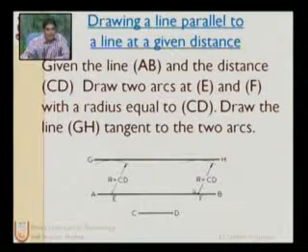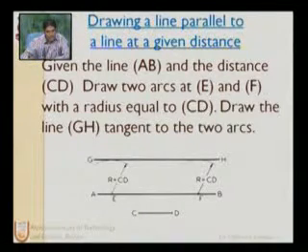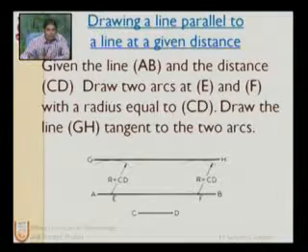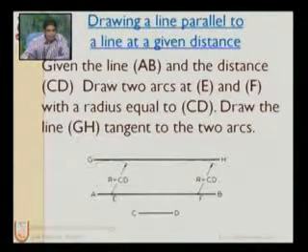A parallel line has an equal minimum distance from AB. So line GH is 20 mm parallel to the given line AB. So here is one method of drawing a parallel line at a given distance. We can take any distance and create the parallel line the same way. This is called the arc method.